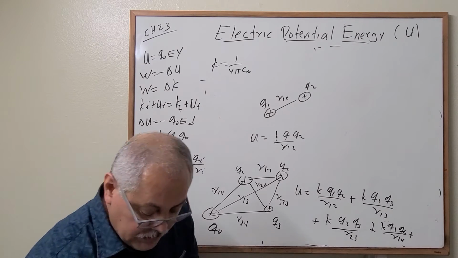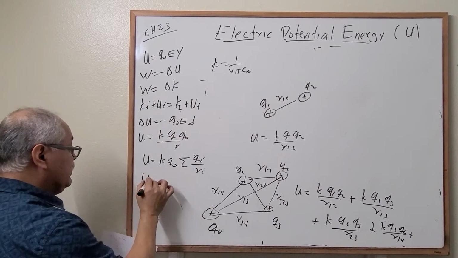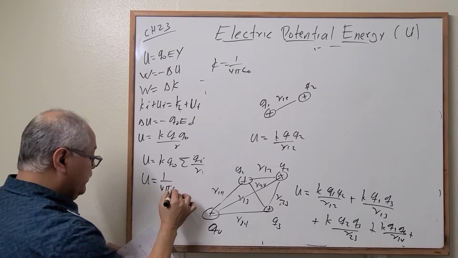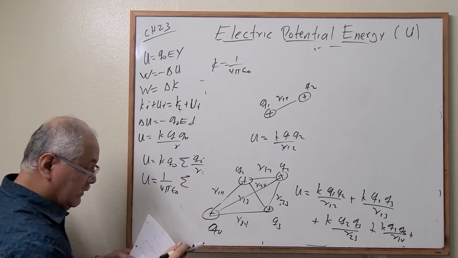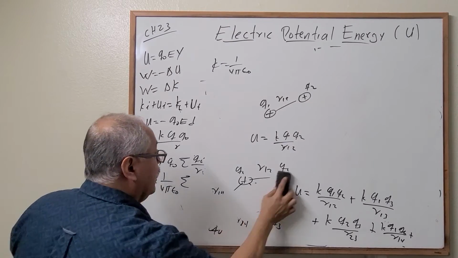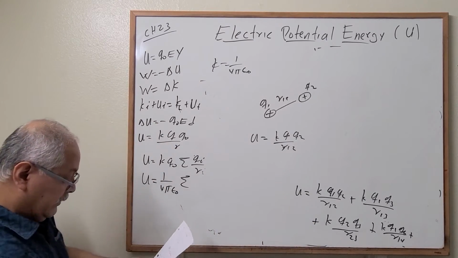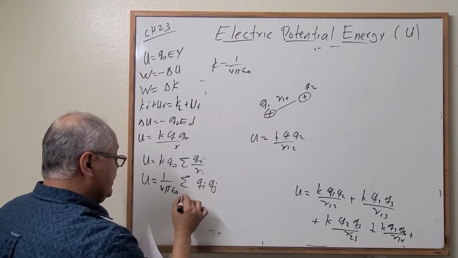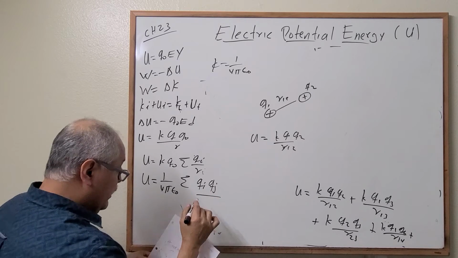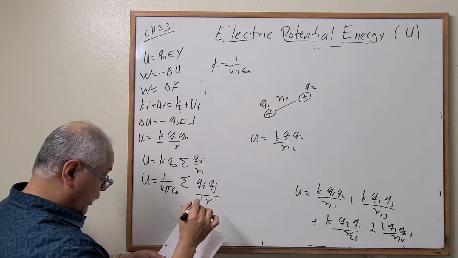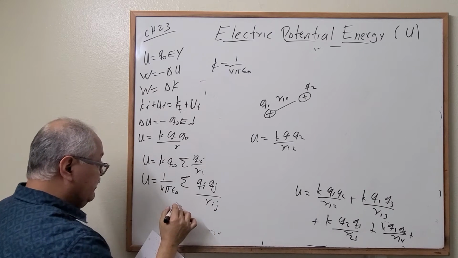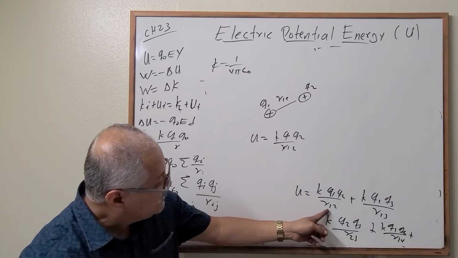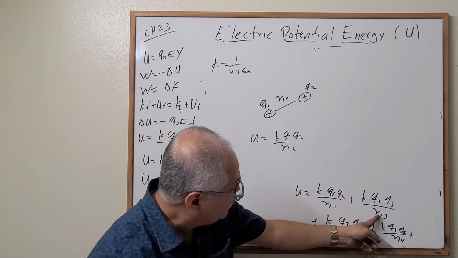How to represent this condition? Well, the potential energy is equal to 1 over 4 pi epsilon naught times the sum of Q sub I Q sub J divided by R sub I J. In this case, it's going to be I less than J, so we don't count any pair twice.